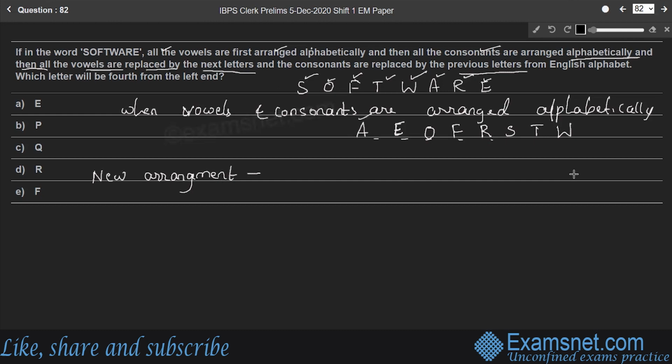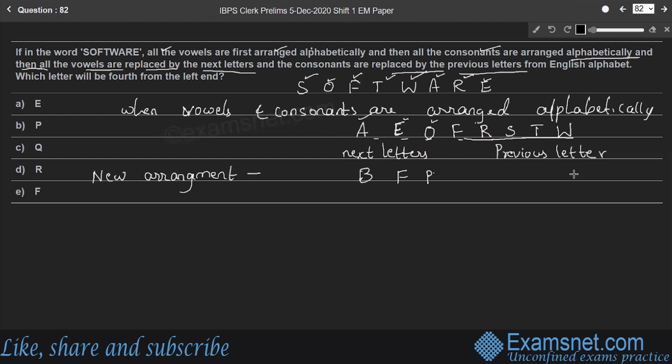A is replaced by B, E is replaced by F and O is replaced by P. And all the consonants F, R, S, T and W are replaced by the previous letters.